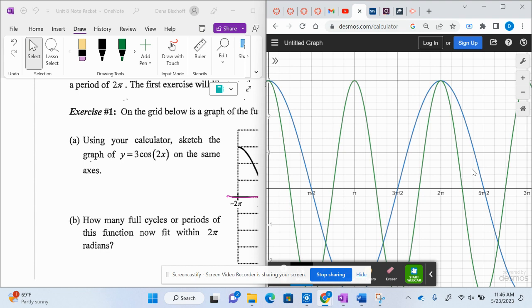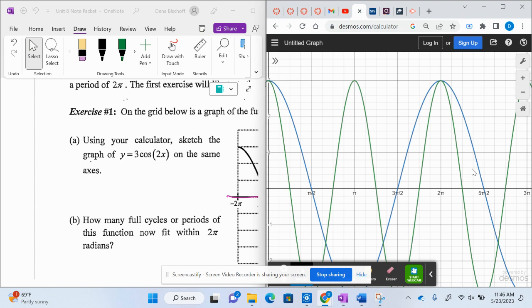But when I look at the green graph, the one that I just graphed, how many cycles fit into 2 pi? Well, I go down and come back up. That's one cycle. And I go down and come back up. That's 2 cycles. So 2 cycles fit in here.